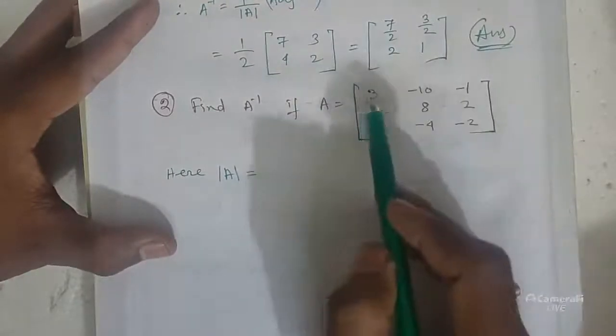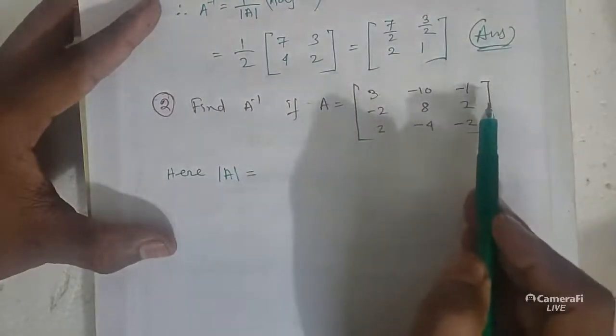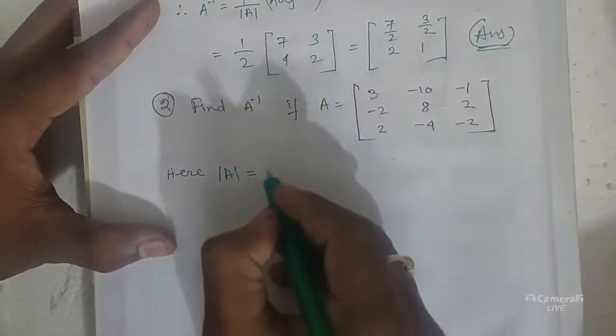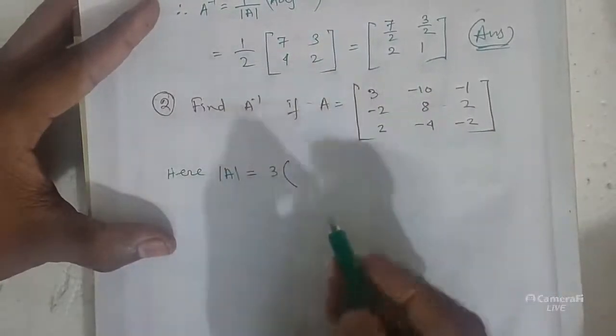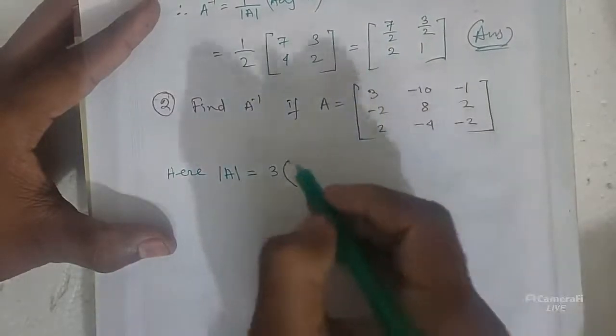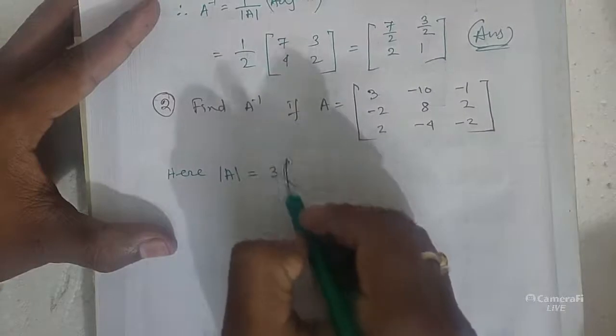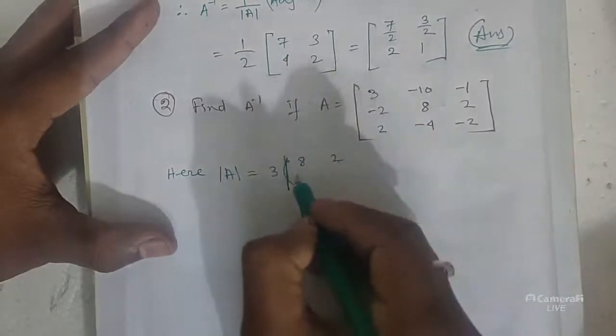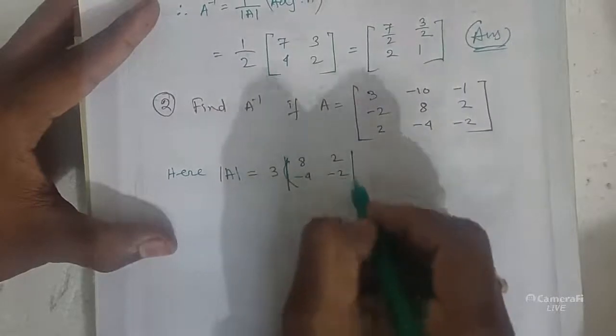Let us expand through the first row. So if you expand it through the first row, you will get 3 into 8 into minus 2, or better to write it in determinant sign, then it will be clear for you. 8 2 minus 4 minus 2. This you will get.